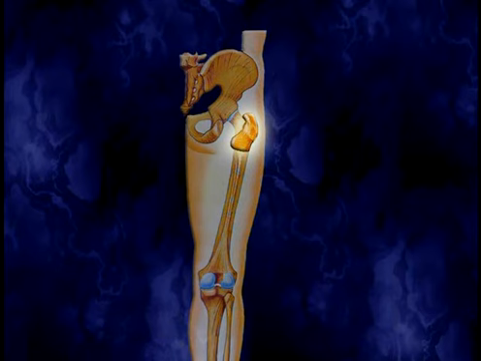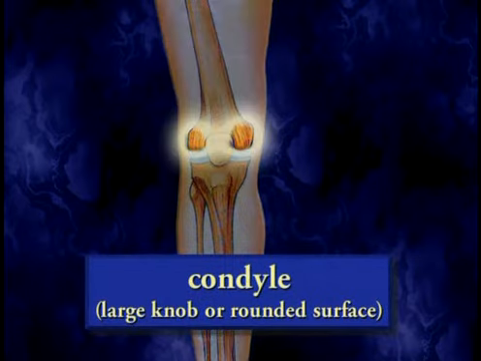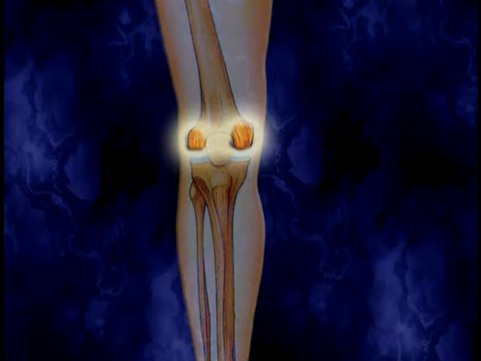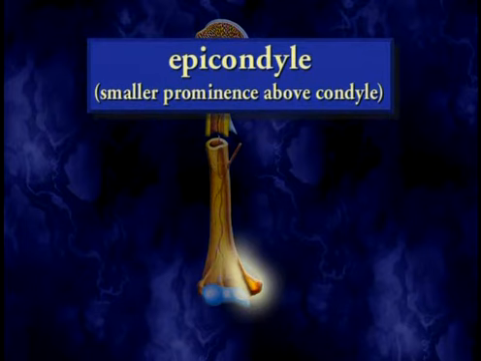This is what you can feel of your hip bone if you push in through the part of your thigh. Condyles are rounded knobs on the ends of bone. We see that in the knee where the femur joins and rests on top of the lower leg. And an epicondyle is the smaller part of the bone higher up, and you've already seen the epicondyle.